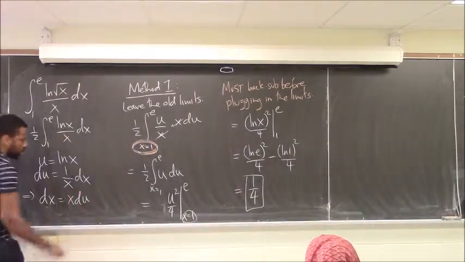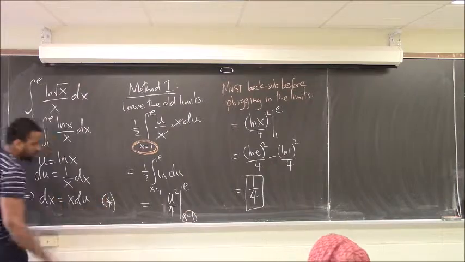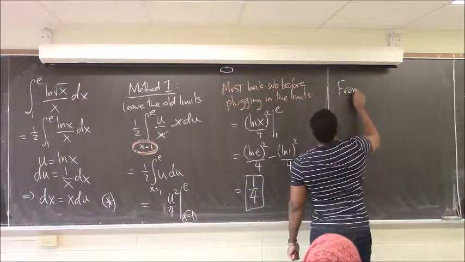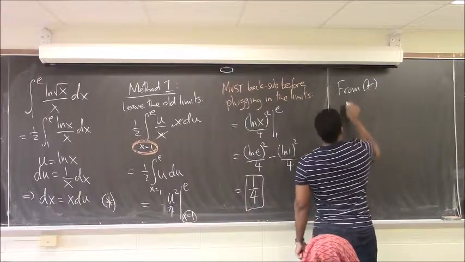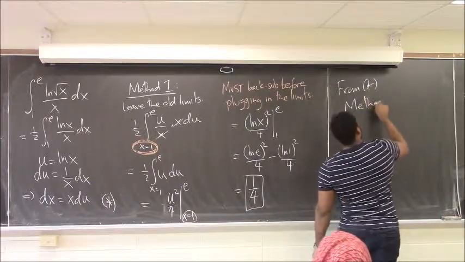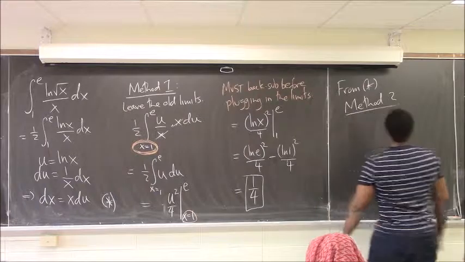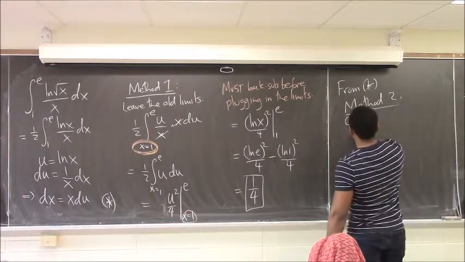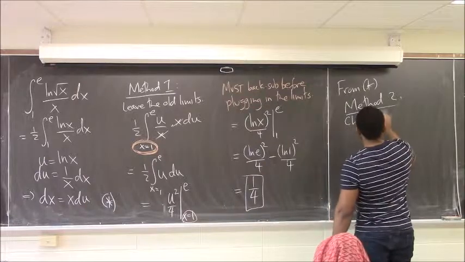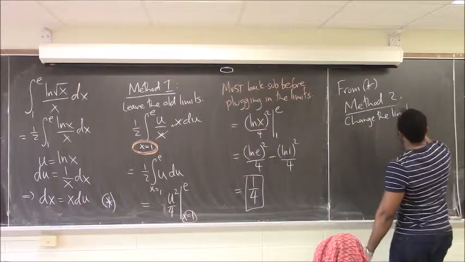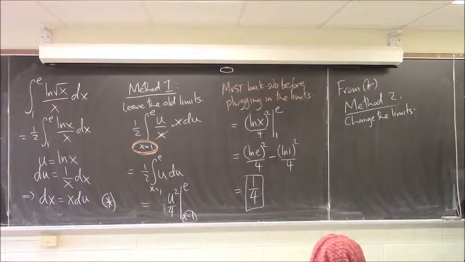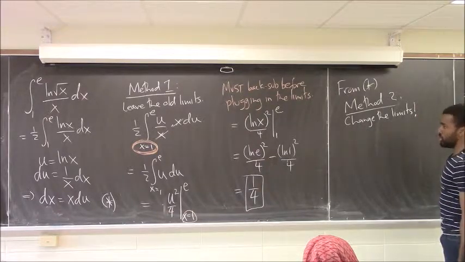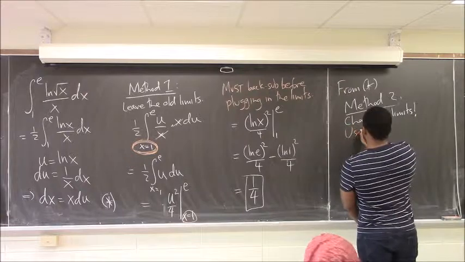So starting from this step, say star, let's go with talking about method 2. Method 2 says we can change the limits. So how do you actually change them? Use the substitution equation.